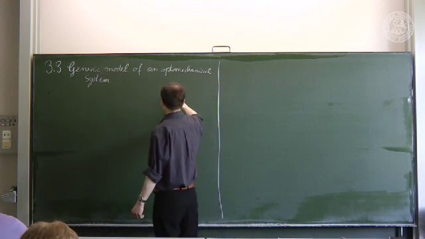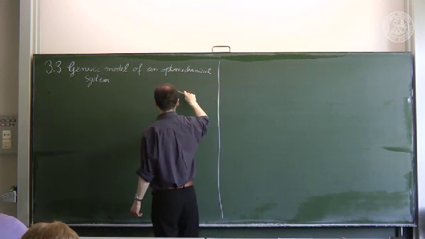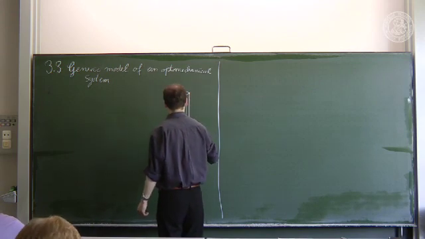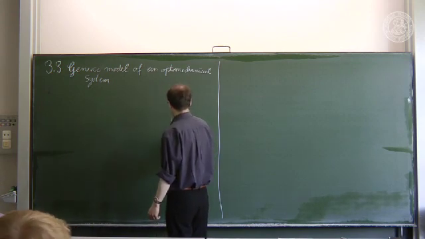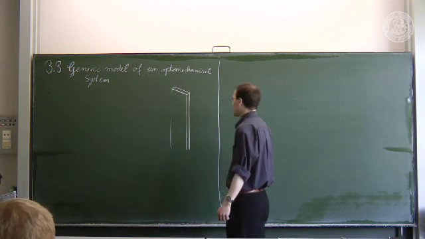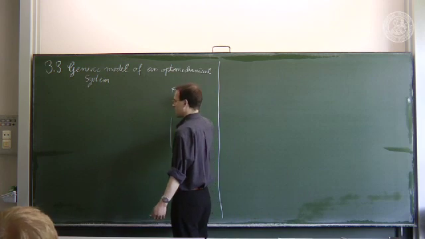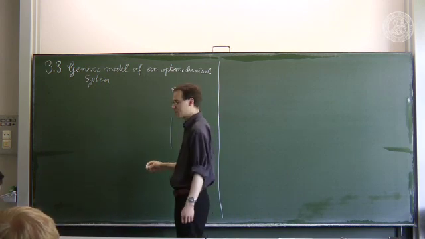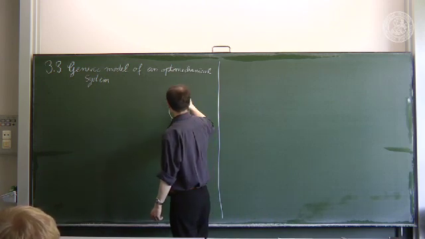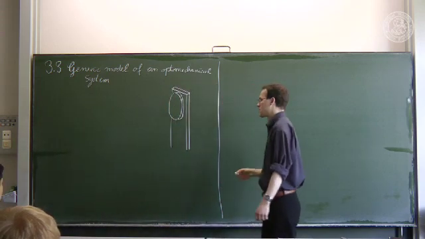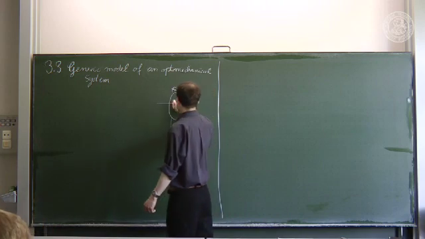So again, what we have is a mechanical system, and in this case I just want to imagine we have some cantilever. It carries some mirror, at least in the sketch that I produce here. The purpose of the mirror is obviously to reflect light.